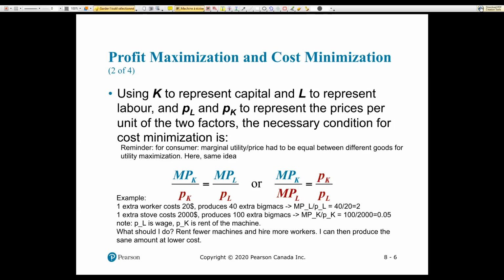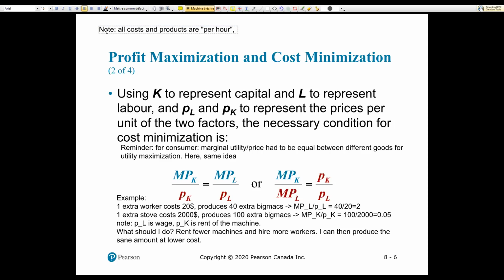Okay, that's exactly, couldn't say it better. That's exactly why we are talking about rental. Our costs and products are per hour, for instance.